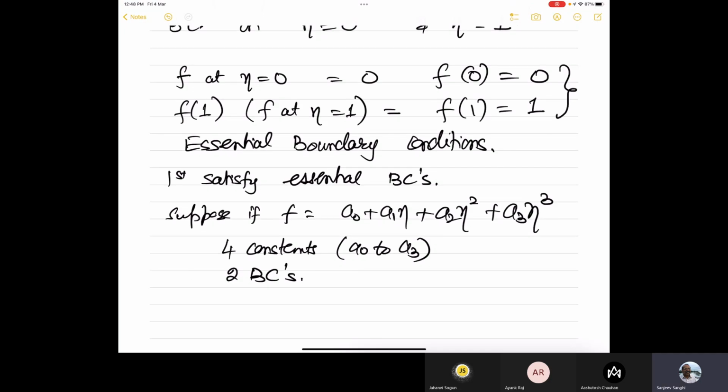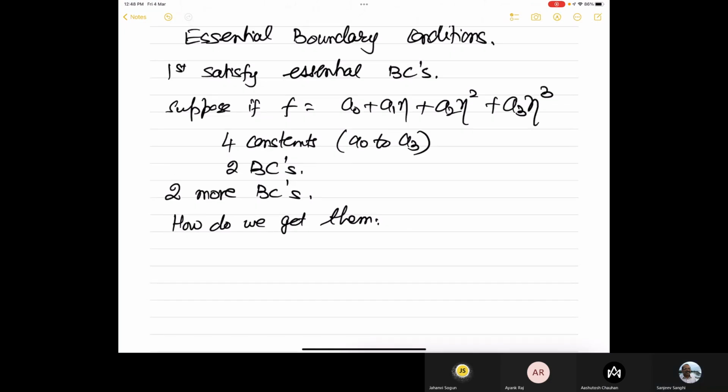These two we have satisfied, so we will need two more boundary conditions. And how do we get them? By smoothness condition.